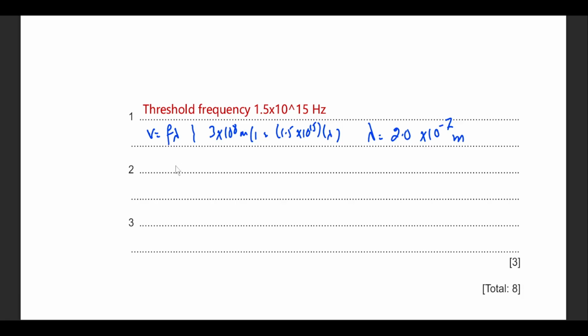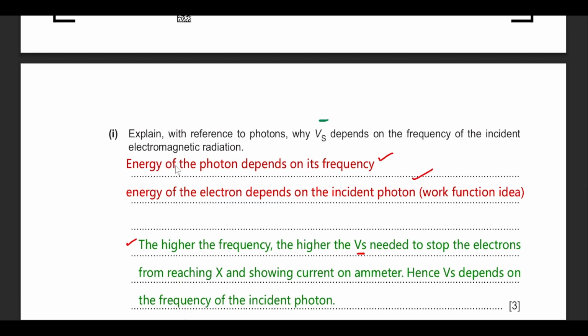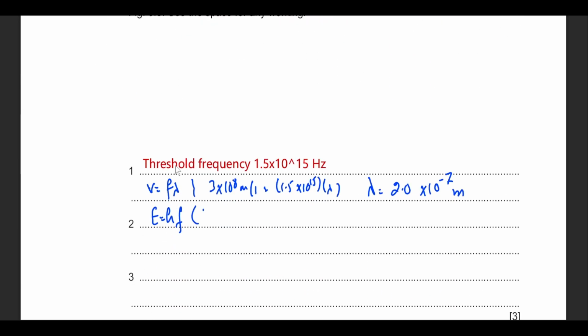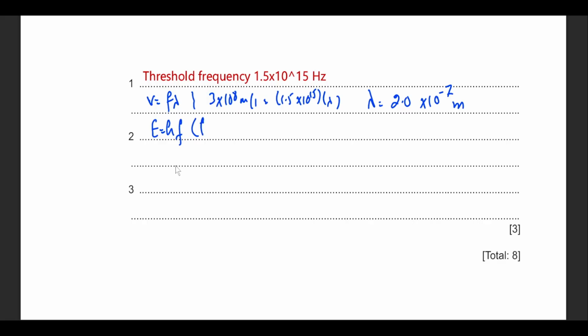The third piece of information is about the photon that is being received at that location, which is going to be E equals hf. We are using figure 9.3 in this case. In figure 9.3, I have h, which is 6.63 into 10 raised to the power minus 34.